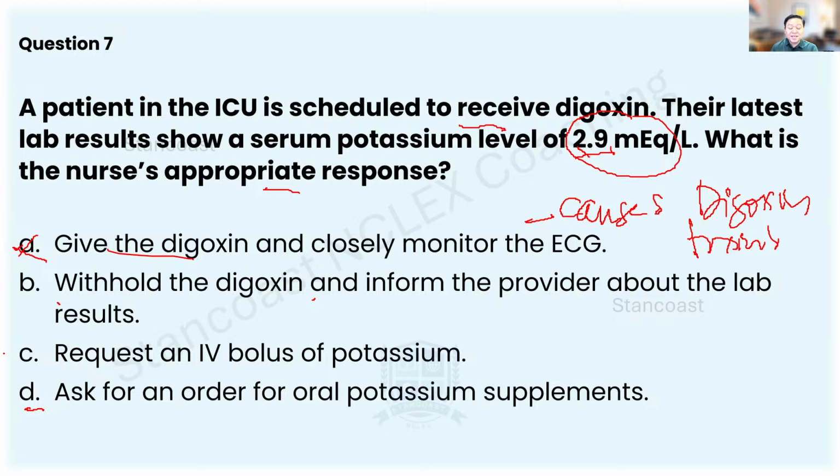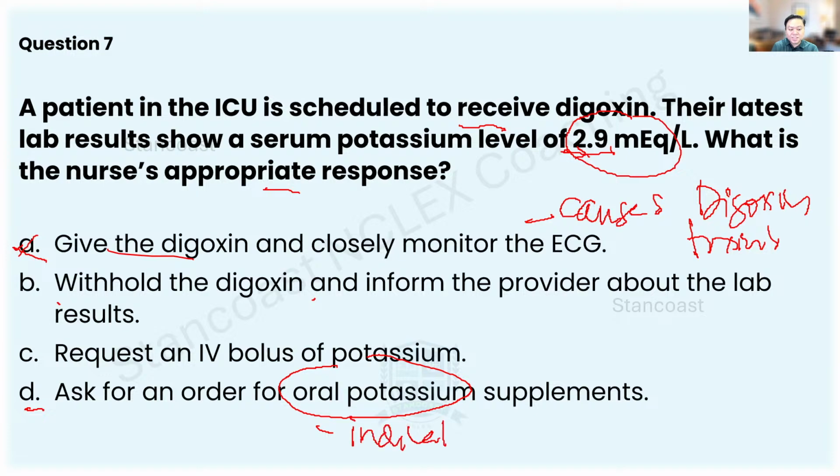But this is not appropriate, especially if we are going to correct a severe hypokalemia. This is already quite low. 2.9 is already considered a severe hypokalemia. Especially in the critical care setting, we need to correct the potassium that is low. Oral potassium is not going to be appropriate in this severe hypokalemia.